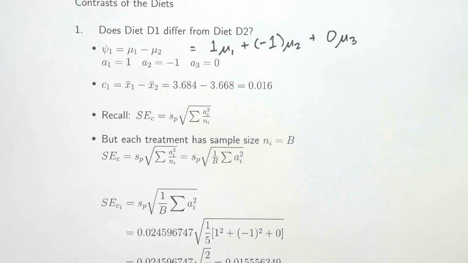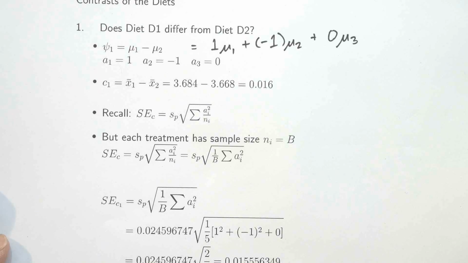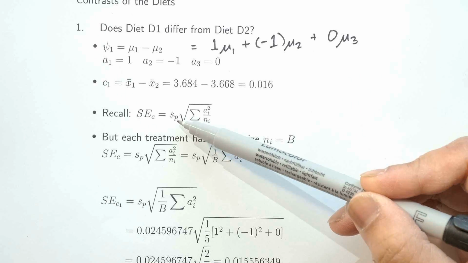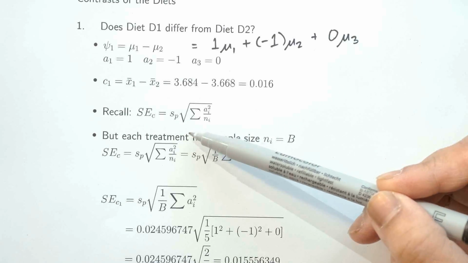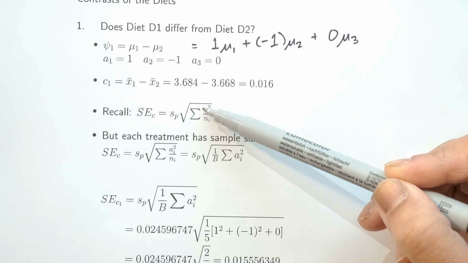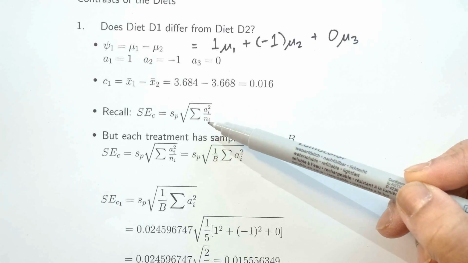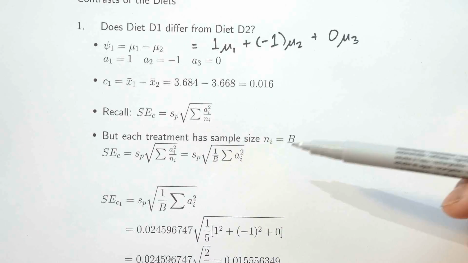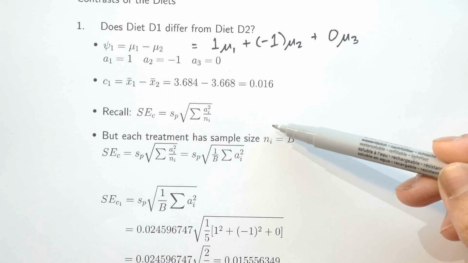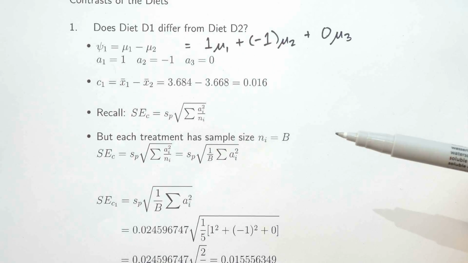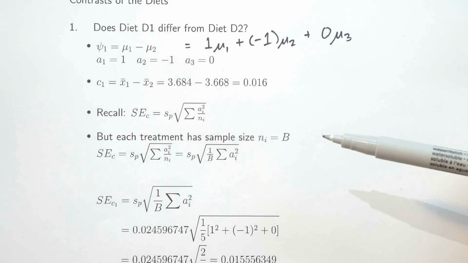And then, if you recall from our discussion of contrasts in even the one-way analysis of variance, we take our pooled estimate of standard deviation times the square root of the sum of the coefficients, A_i squared over n_i. What's special about the randomized complete block design is that all of the groups have b observations. So it's balanced in that way. The sample sizes are balanced.